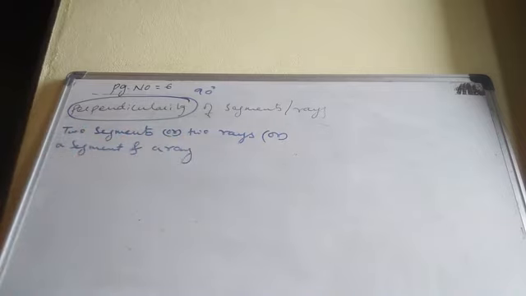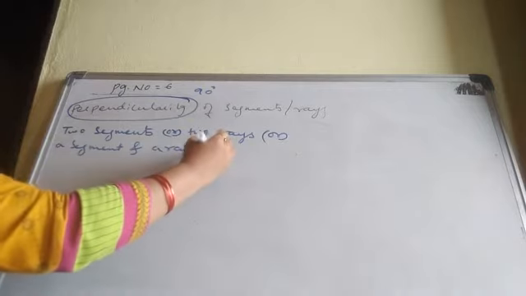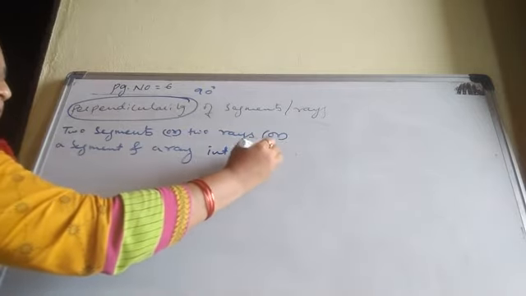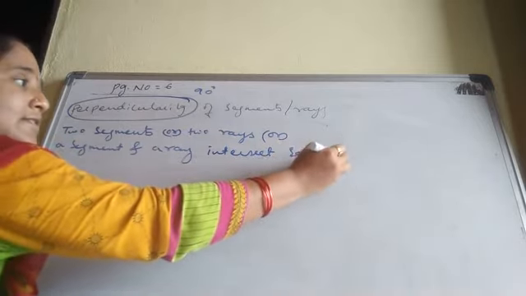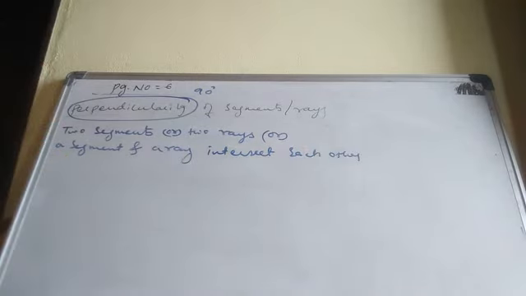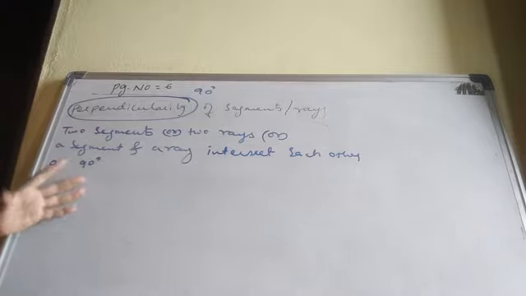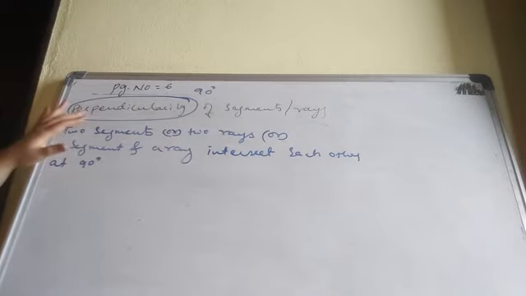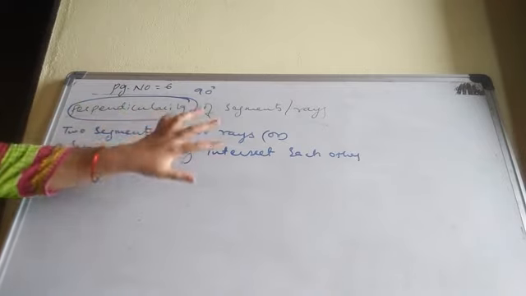If a segment or ray intersect each other at 90 degree, then two segments or two rays or a segment and a ray are said to be perpendicularity of segments or rays.